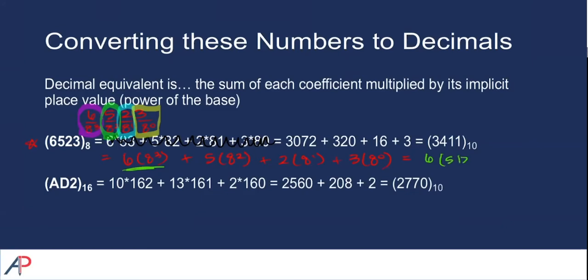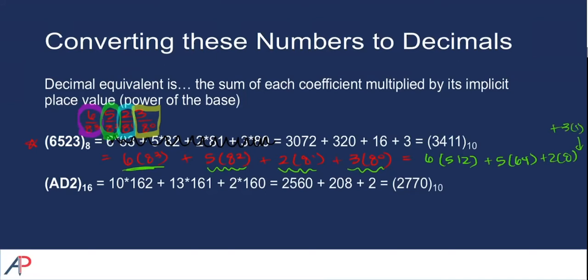So 6 times 512, plus 5 times 8 squared, so plus 5 times 64, plus 2 times 8, and then plus 3 times 1. I'm running out of space, so I'm just going to do a little arrow and then plus 3 times 1.